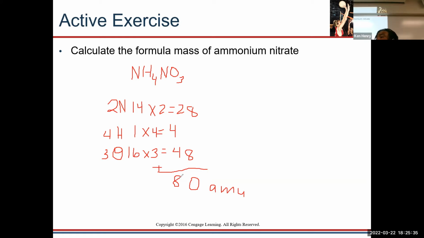Or you could put MU for mass units. That'll work too. Sometimes you'll even be lazy and just put units like they did the last slide. So long as you have units, right?